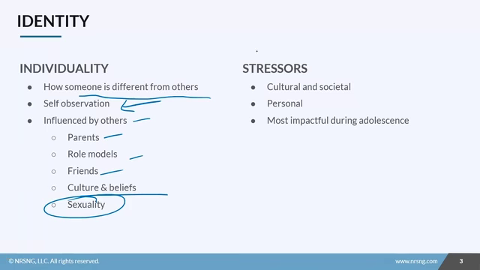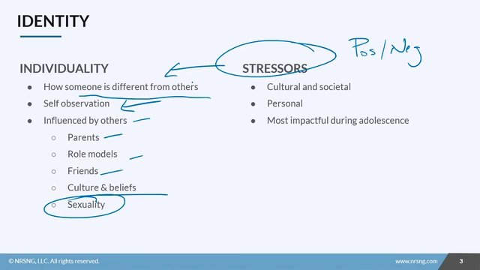Now, one thing you're going to notice in this lesson are these things called stressors. When I say stressors, these are both positive and negative things, but they're basically things that stimulate a difference in that concept. So stressors for individuality are cultural and societal.